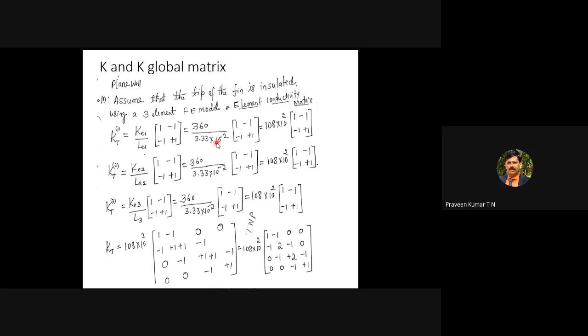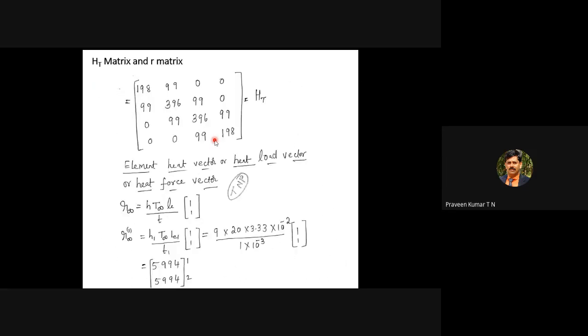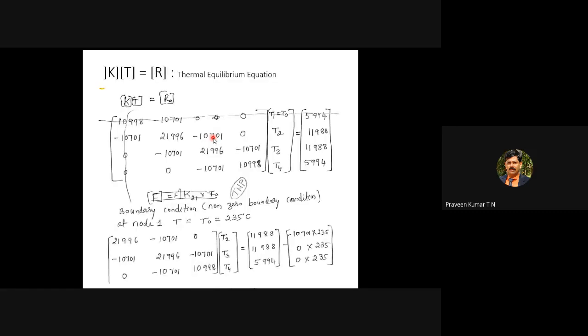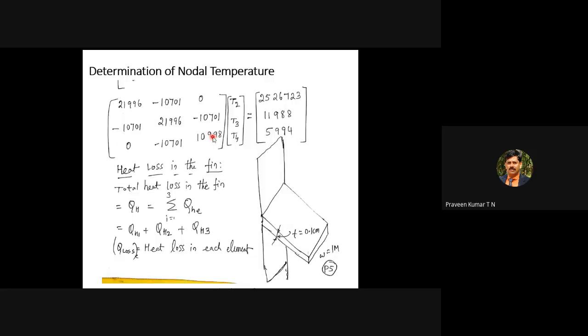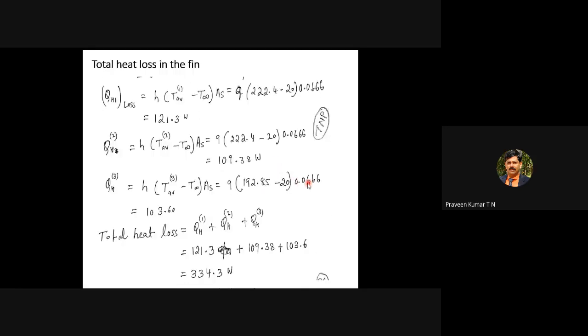I think somewhere I mentioned the area, otherwise it is missed. The thickness is 0.1 meter. So this area they have considered, and finally you are getting the area 0.066.